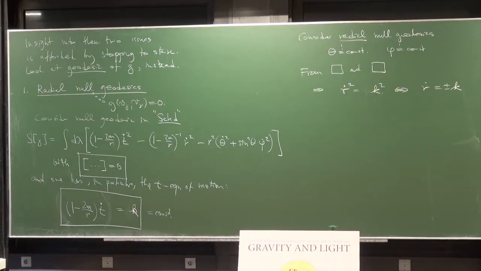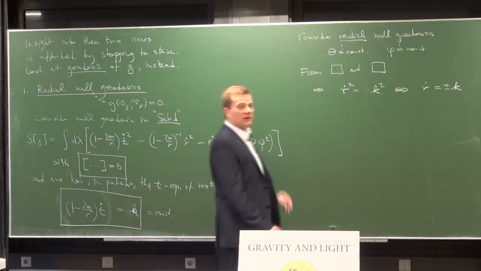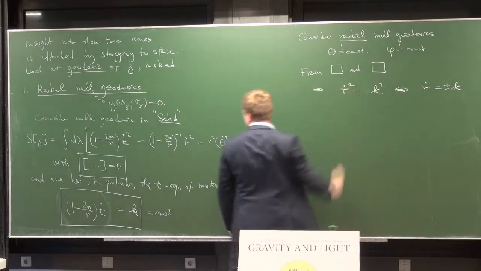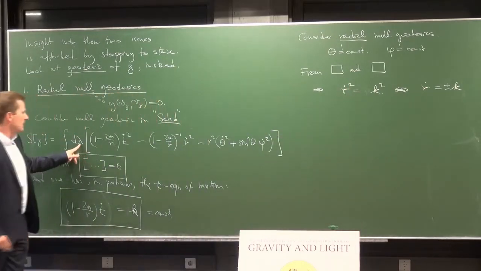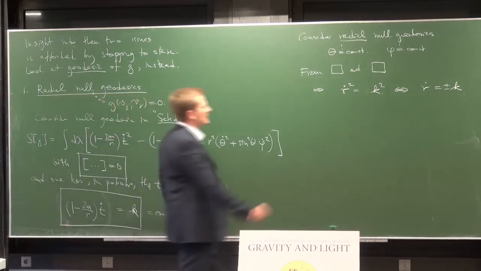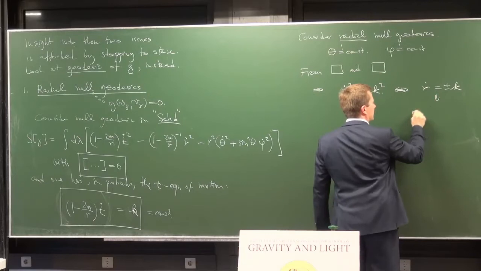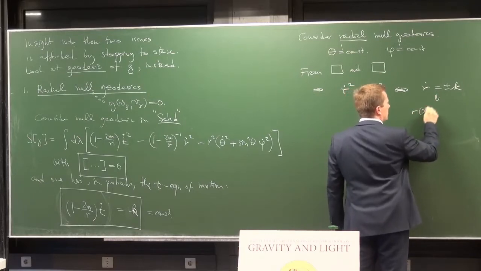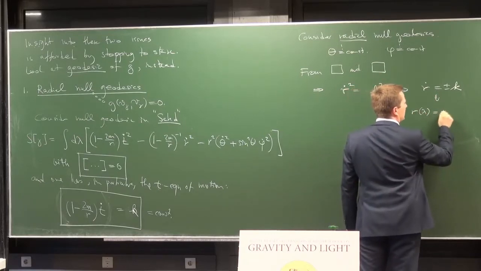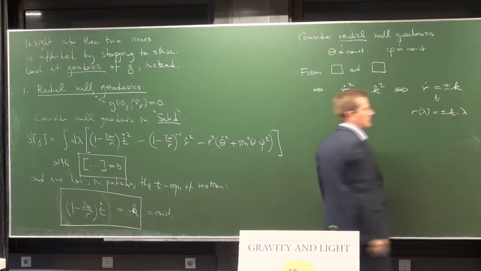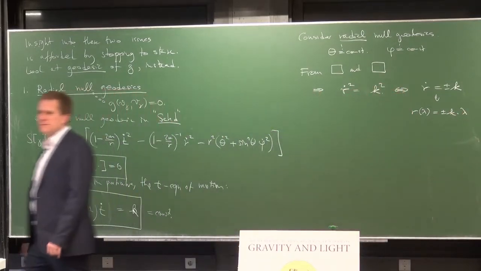You say, interesting, but what do I learn from this? Well, you learn a great deal. The dot here is this parameter lambda, and we had an affine parameterization. Therefore, you can solve this. You have two possible solutions. You learn that r of lambda is either plus or minus k times lambda, right? What does that mean?